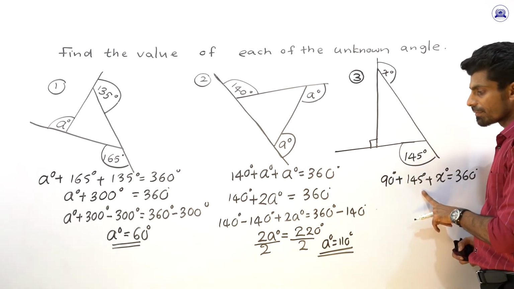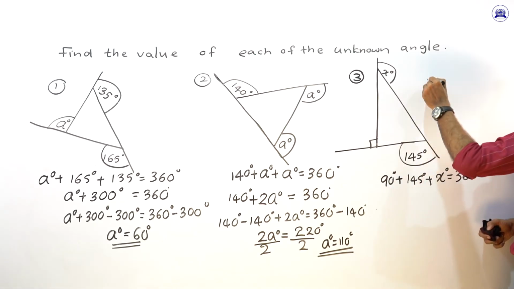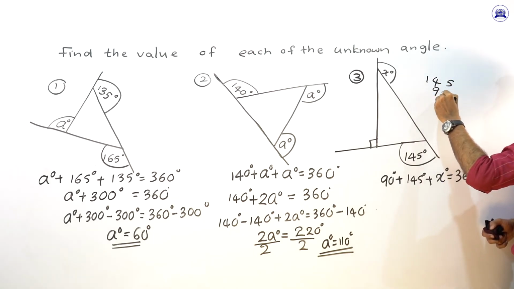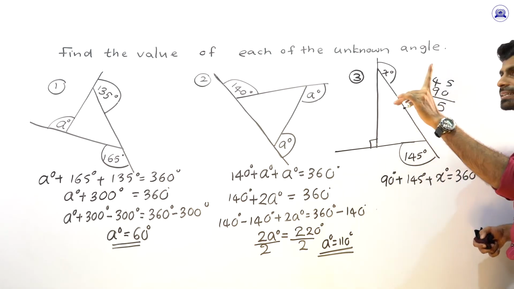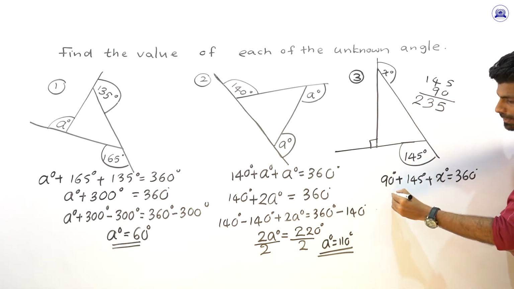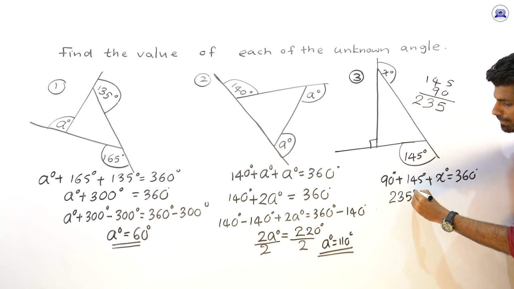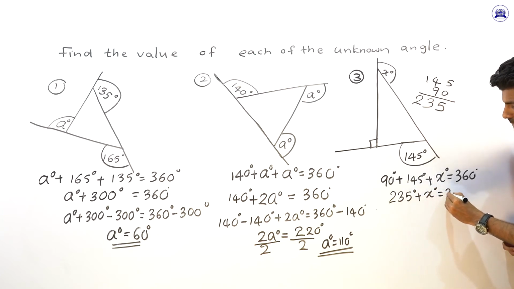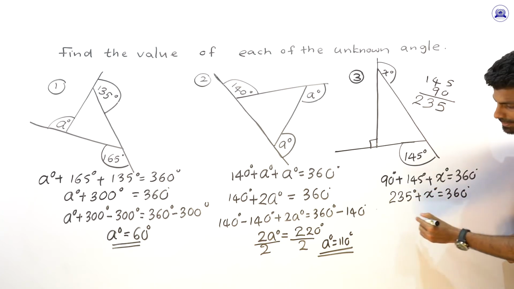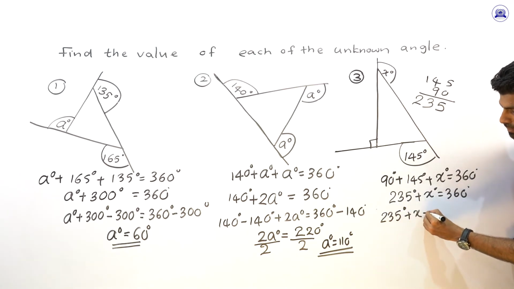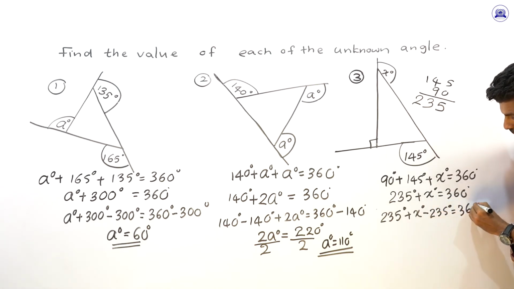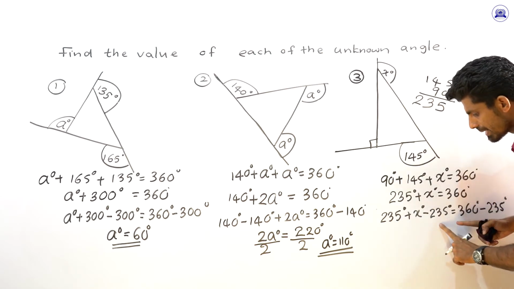90 plus 145 is 235. So 235 plus x equals 360 degrees. 235 plus x minus 235 equals 360 minus 235. Why do you need to take the minus?